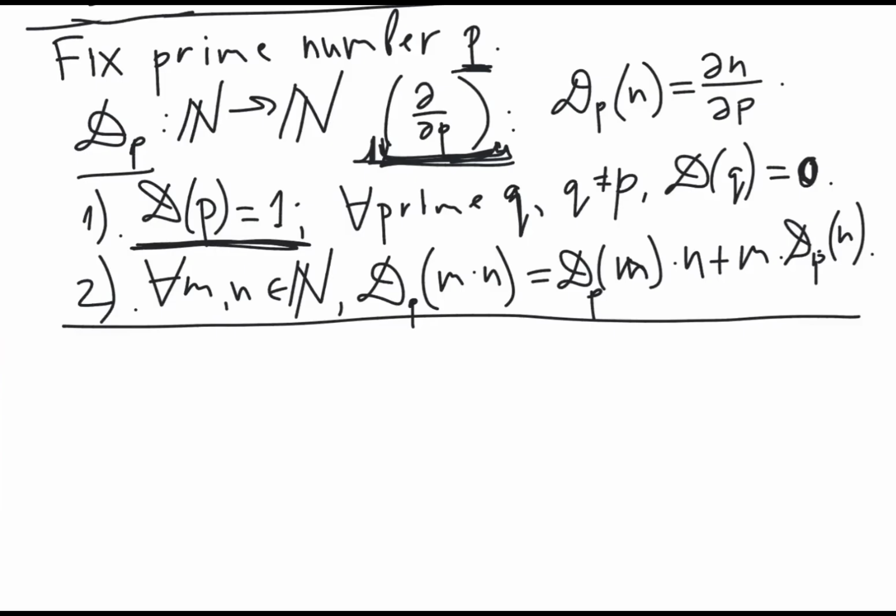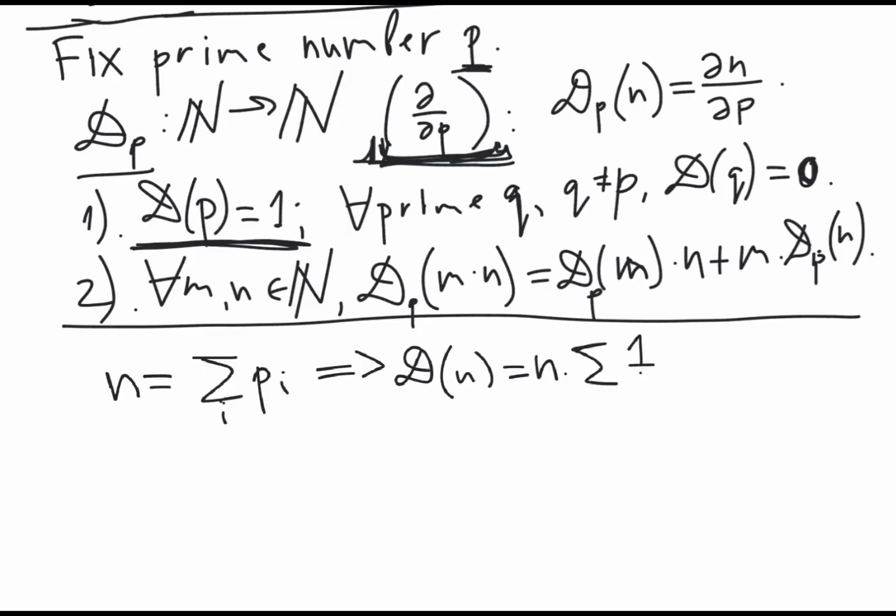If the number n is expressed as the product of prime numbers, the product of p_i, where the p_i could be repeated, then d of n is equal to n multiplied by the sum of 1 over p_i.